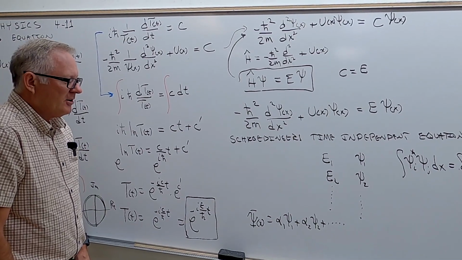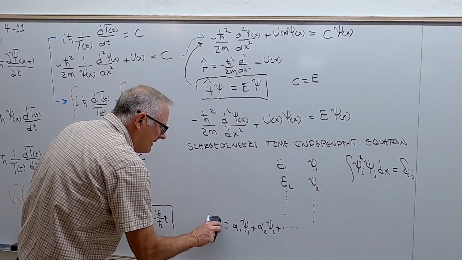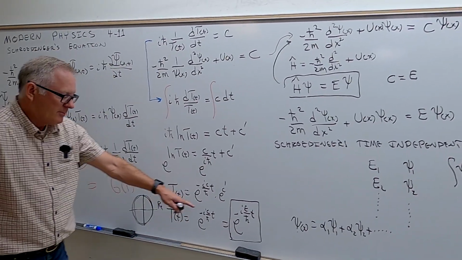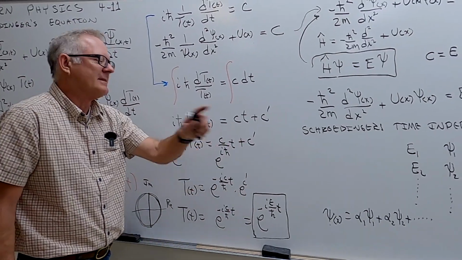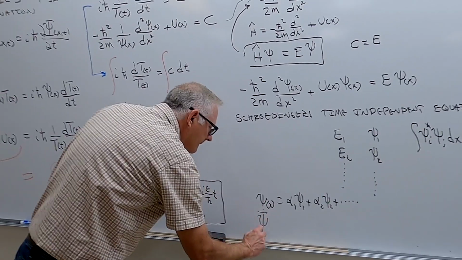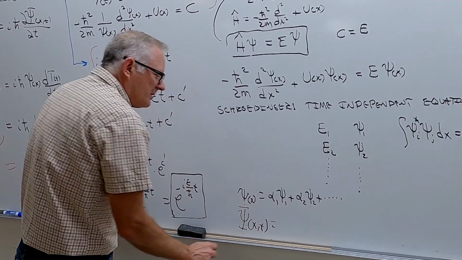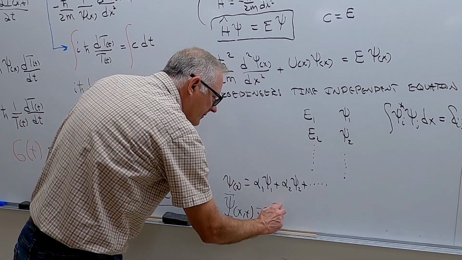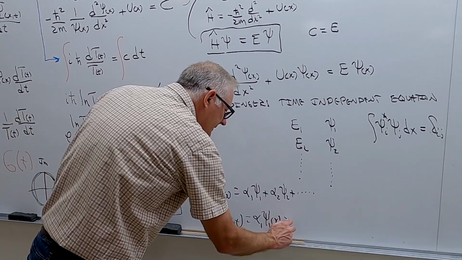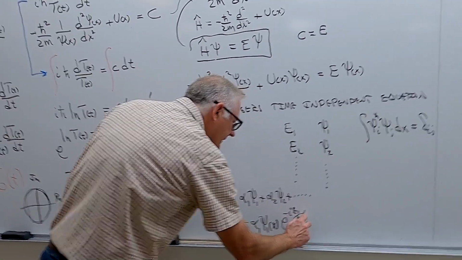Now, if I wanted to know what this is, not big psi, this is little psi. If I wanted to put this part into it and say, what is big psi right here? Big psi of x and t would just be alpha 1 psi 1, which is a function of x, and I would just put in e to the minus i E1 over h bar t.